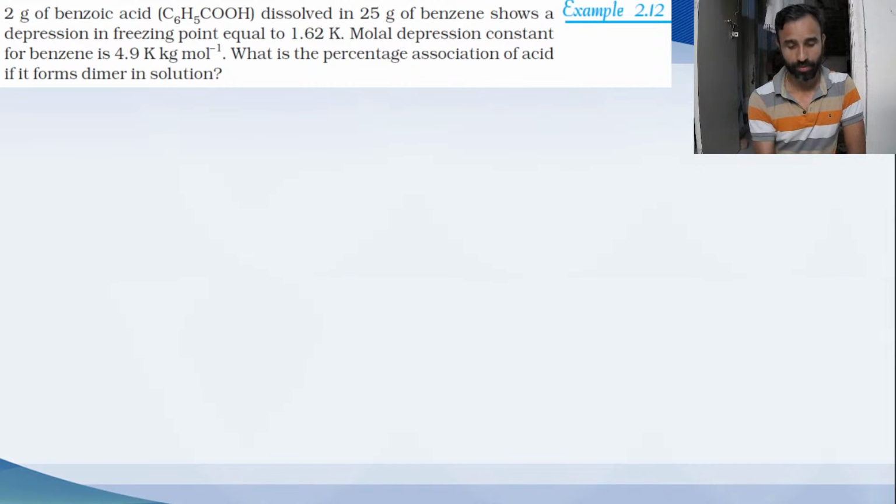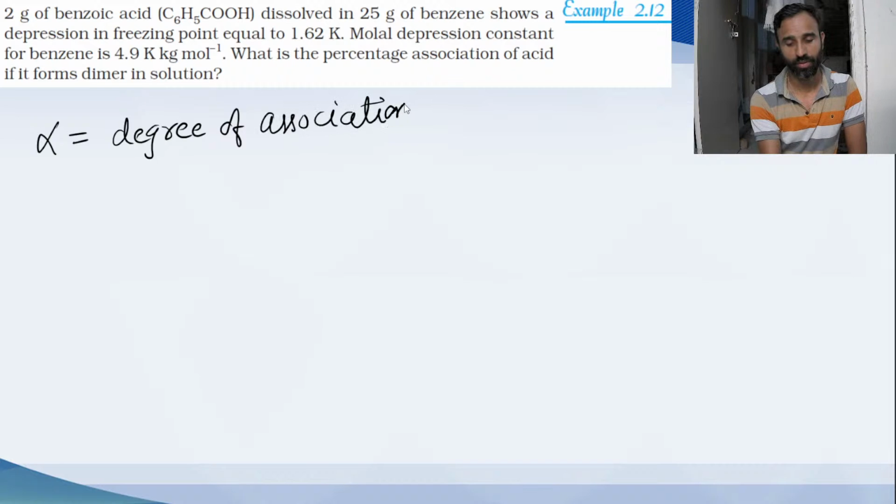Alpha, let us say, is the degree of association. This alpha is related to Van't Hoff factor, because alpha we have to calculate. To calculate alpha, the formula used is (i minus 1) upon (1 by n minus 1).